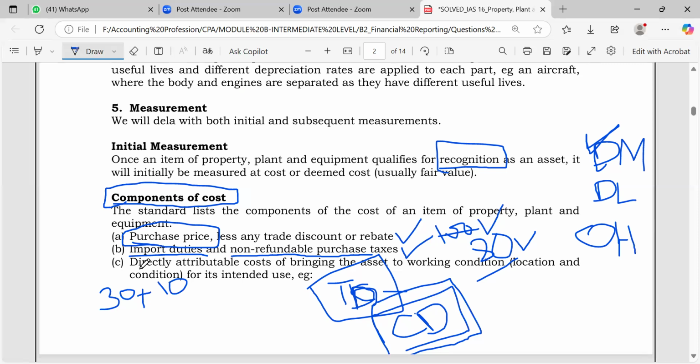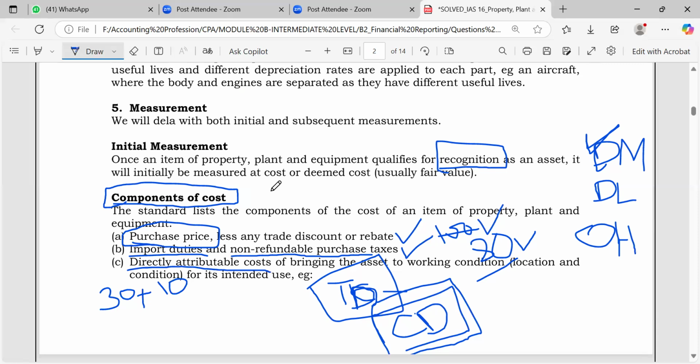And then you are told directly attributable cost of bringing the asset to working condition, right? These two are obvious. Presume you have bought something, let's say from China.